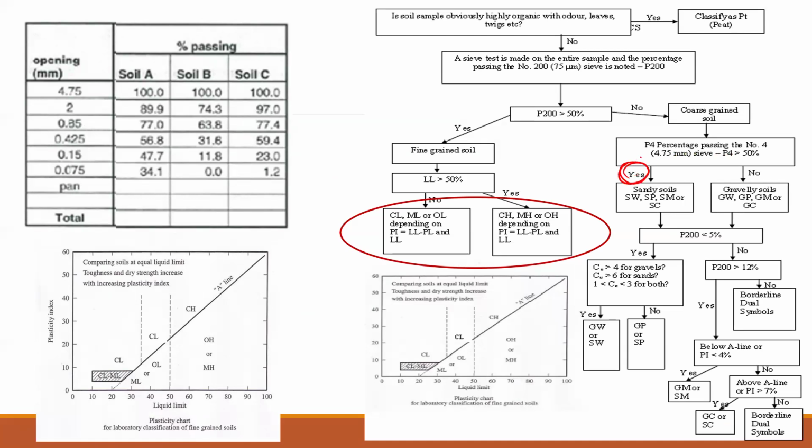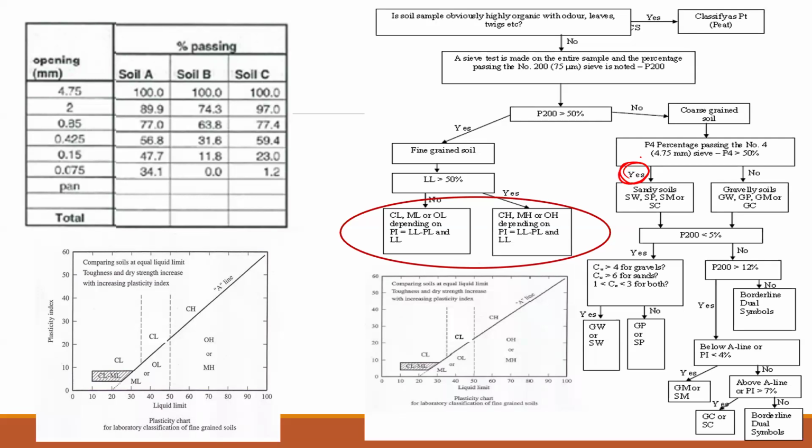So they all are sandy soils. That's why we have all passing more than 50% from the 4.75.